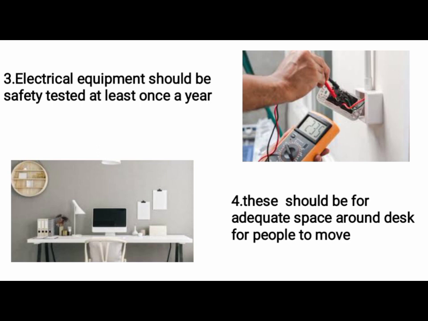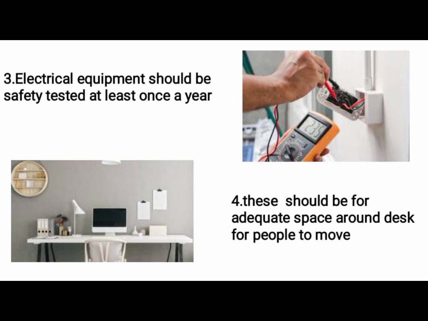An electrical safety test provides insight into whether or not a product is safely designed, such that one can avoid or reduce the risk of the product causing damage or fire. Number 4, there should be adequate space around the desk for people to move.